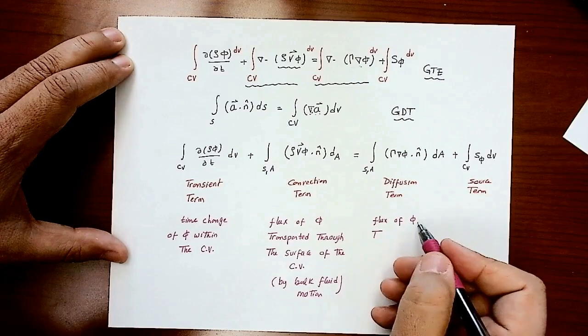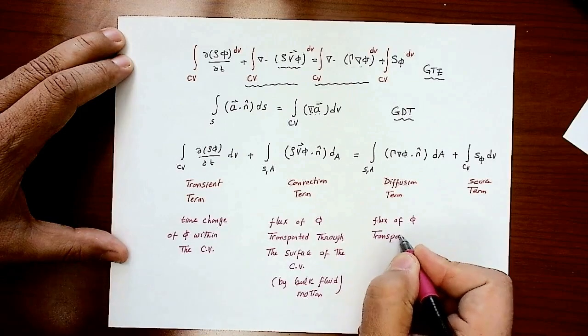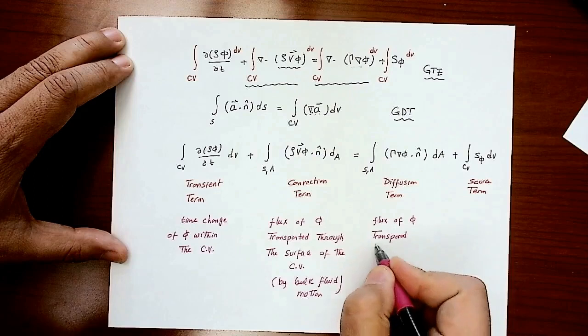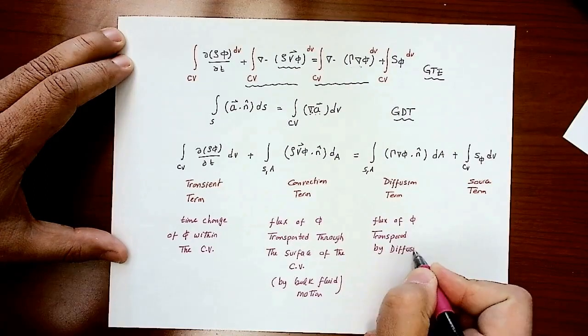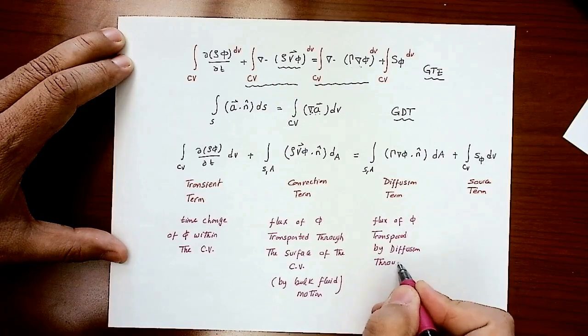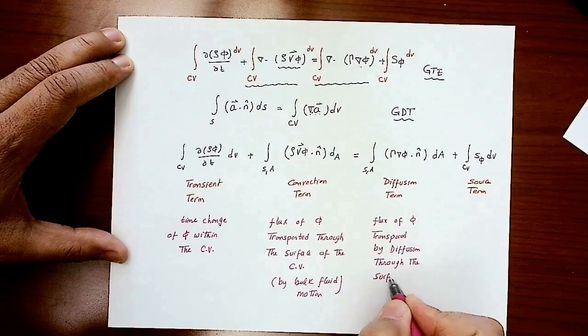This is the flux of phi transported by diffusion through still the faces or the surface of the control volume.